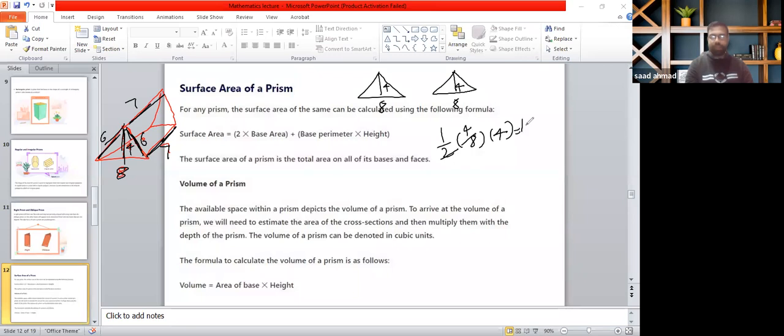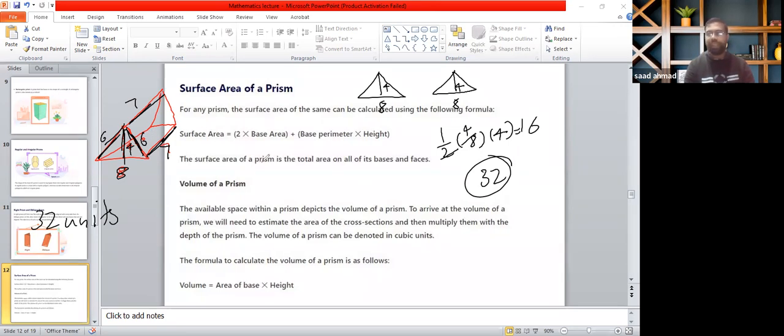So we will get 16 for one triangle, but there are 2 triangles, so it will be 32 units for the base faces.